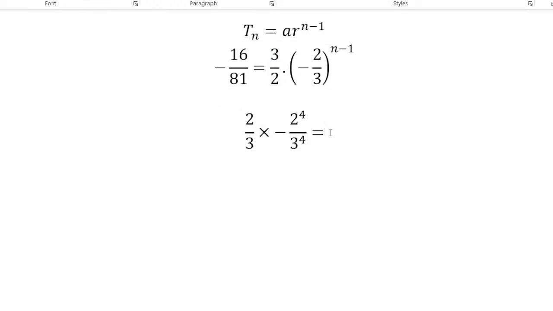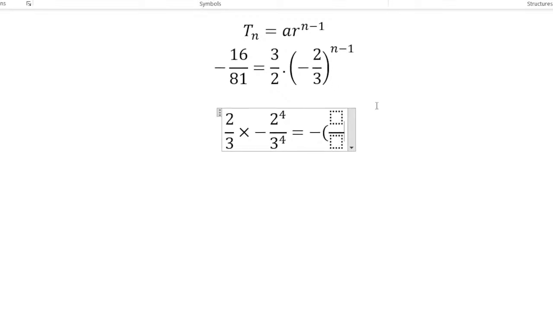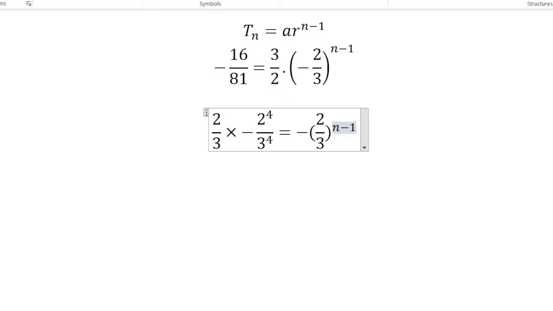So we'll be left on the right hand side with negative 2 over 3, all to the exponent n minus 1.